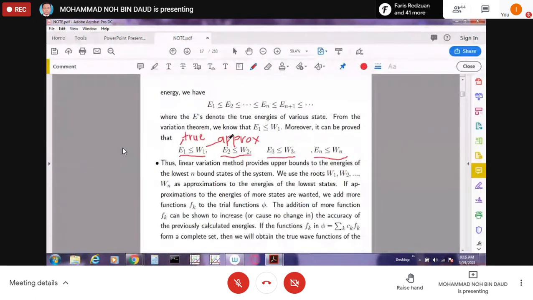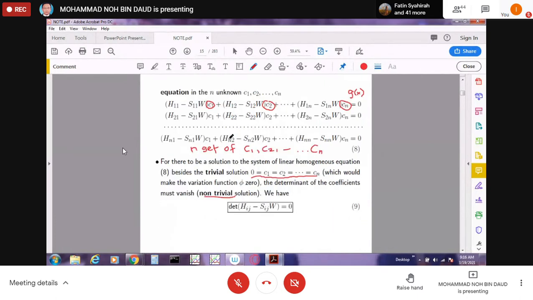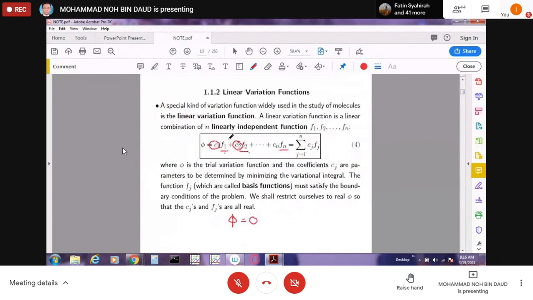Now we are going to look at two examples of how these variational integrals actually work, on these basis functions, given to us as f1, f2, and f3.